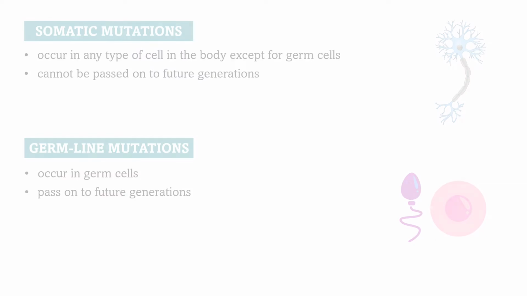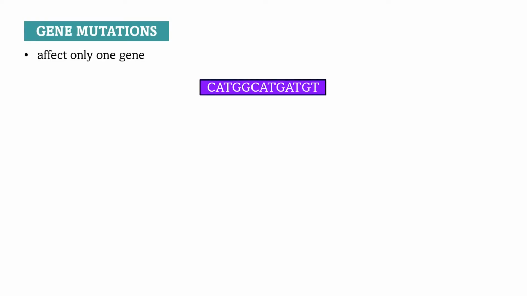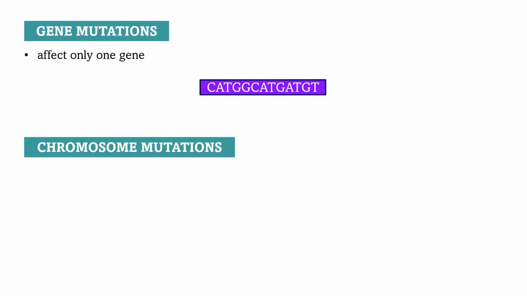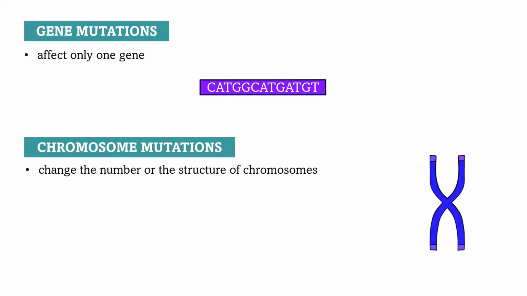The second classification distinguishes between gene mutations, which usually affect only one gene, and chromosome mutations, which change the number or the structure of chromosomes. Another classification considers the mechanism by which a mutation occurs. The simplest gene mutation is a base substitution, a mutation in which one nucleotide is replaced by another one.